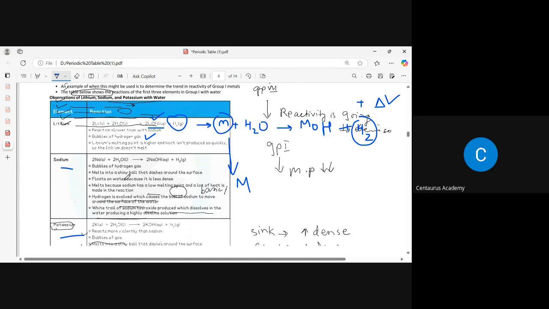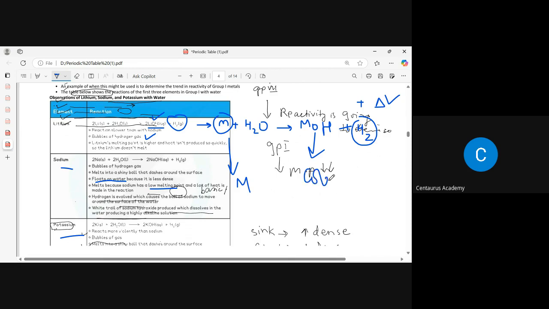This tells you that if they are floating on the surface of water, they are actually less dense. They melt because sodium has a low melting point, and a lot of heat is produced in this reaction. Hydrogen is also evolved, and a white trail of sodium hydroxide is produced. Now, one thing more. Usually, group 1 and 2 metal oxides tend to be white in color. But if they are dissolved in water, the hydroxide which is produced as a result will be colorless.